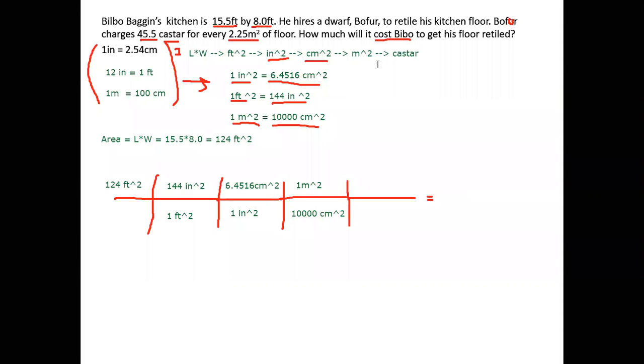And lastly, we want to go from meter squared to Castar. Now this conversion factor is 4.5 Castar equals 2.25 meters squared. And so since we're starting with meters squared, it will go on the bottom, and Castar will go on top. So now you see everything cancels out except the unit that we want.